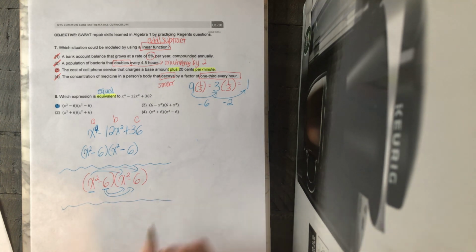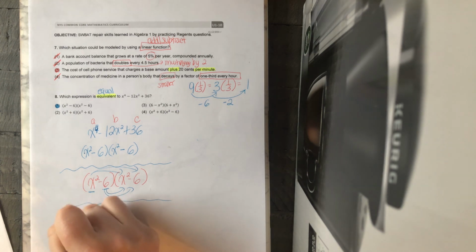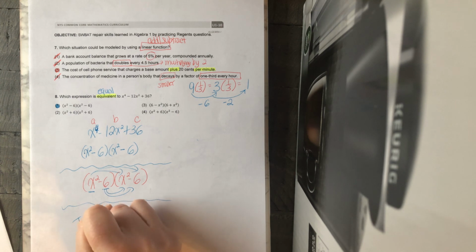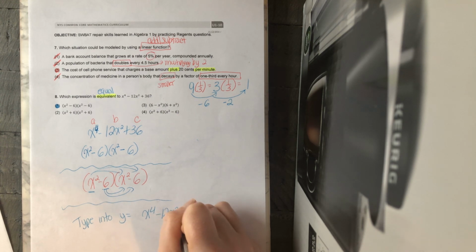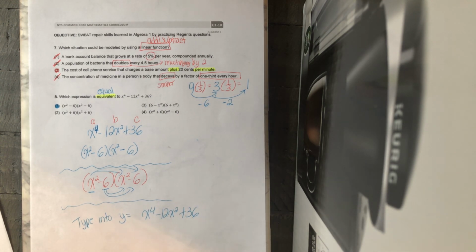And then a third method would have been the easiest possible method, which is what I would have done if we were really in school. And that's just going to the calculator. So I would have typed into y equal that x to the 4th minus 12x squared plus 36. And I would have typed that into y1.